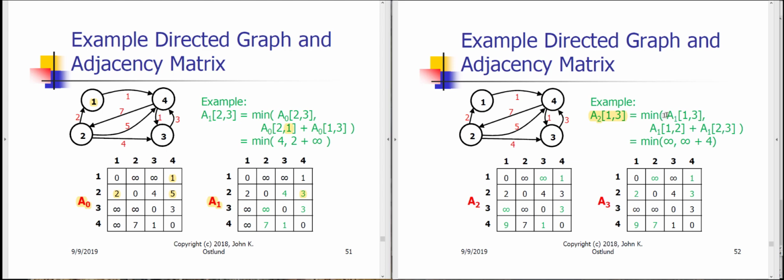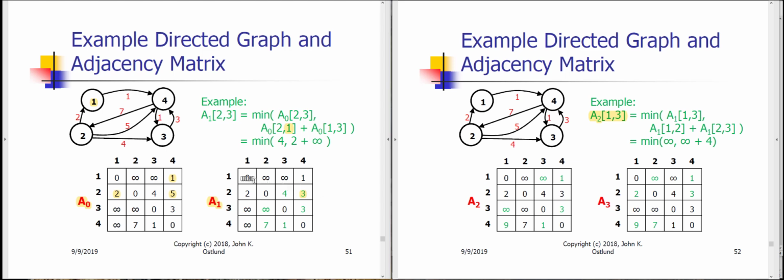Okay, so either the shortest path that we already know, possibly using node 1, or the path from 1 to 3 using node 2 as an intermediate node.